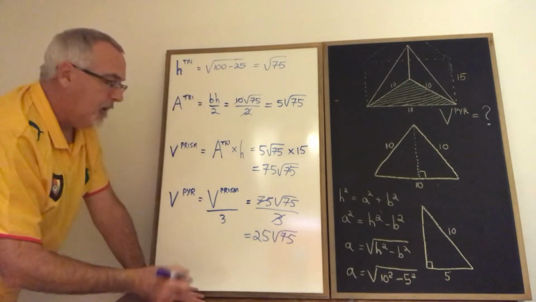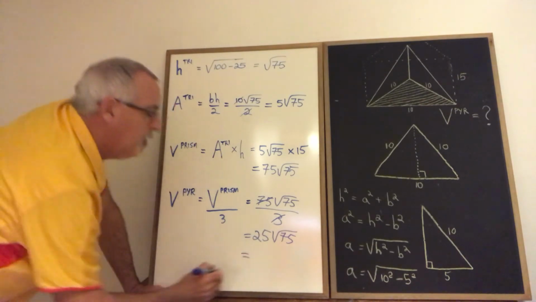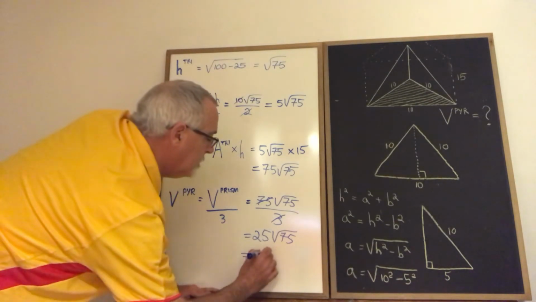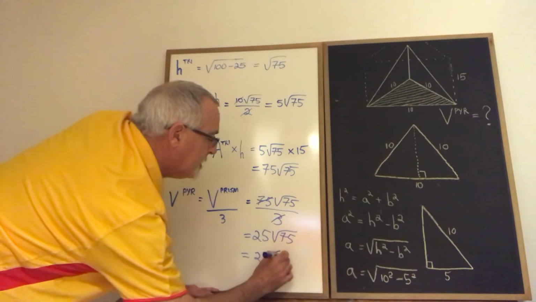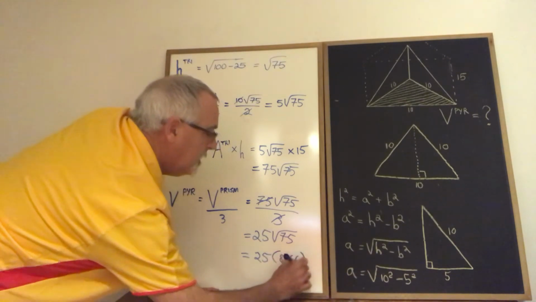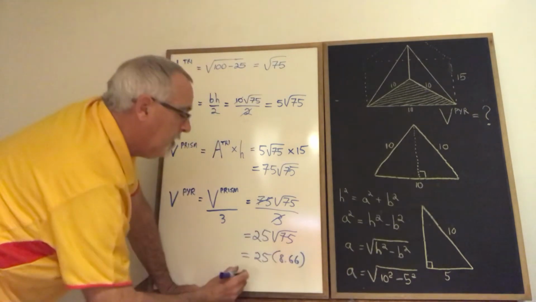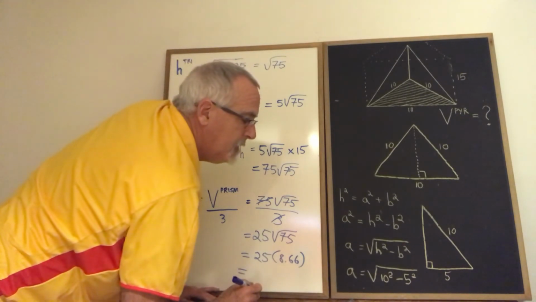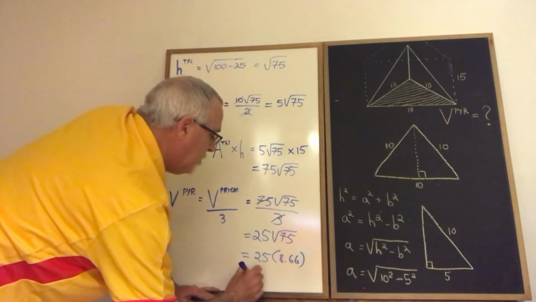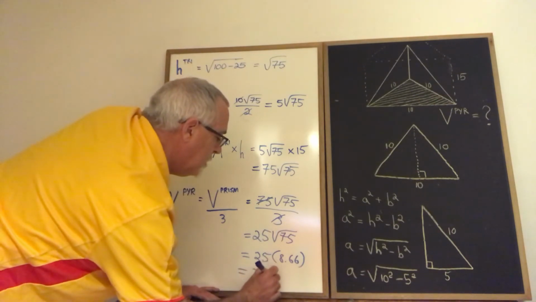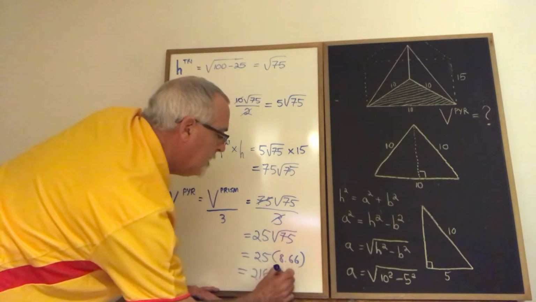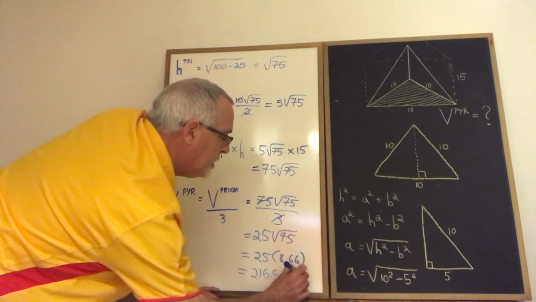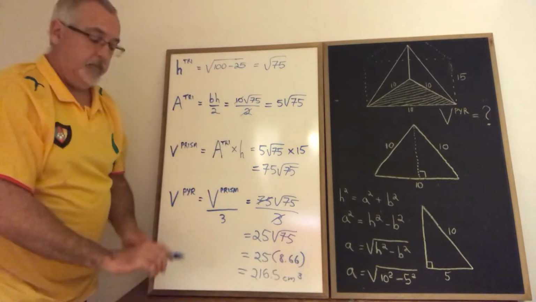Now all along, root 75 is equal to 8.66 if I round it. And then when I multiply by 25, I get a final answer of 216.5. And it will be centimeters cubed because it's a volume.